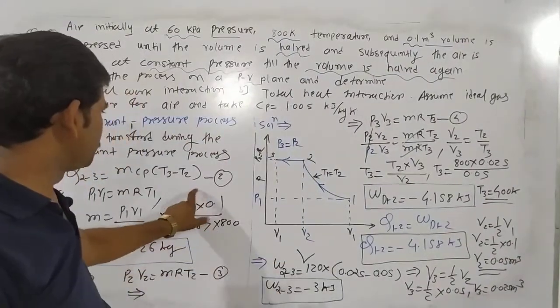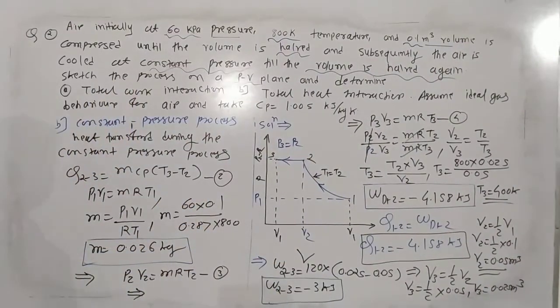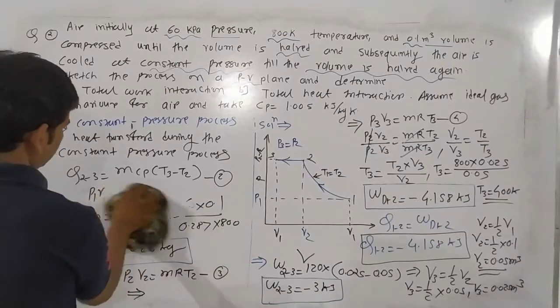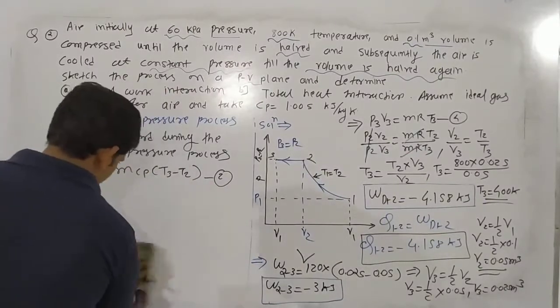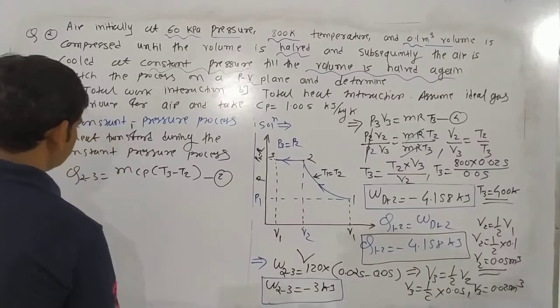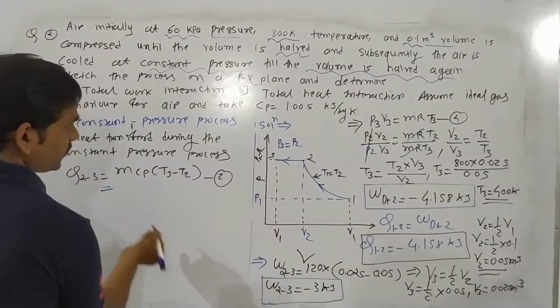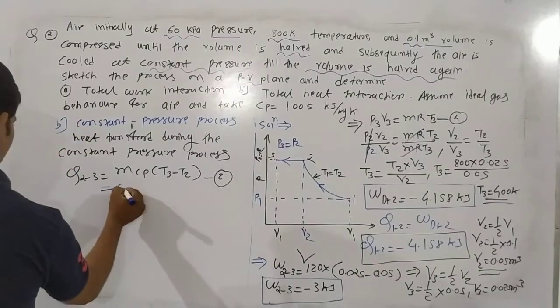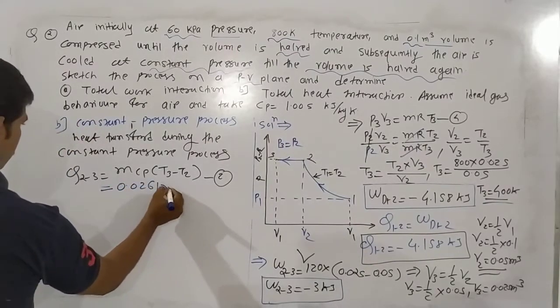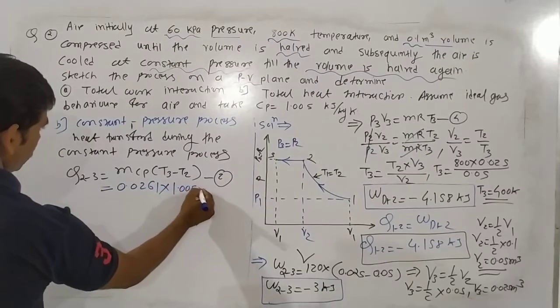So put this value in equation number 2. I cut all this portion, erase these portions. So m is determined. What is the value of m? 0.0261. Cp is given 1.005.